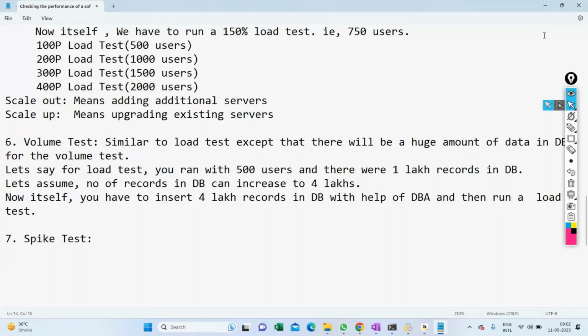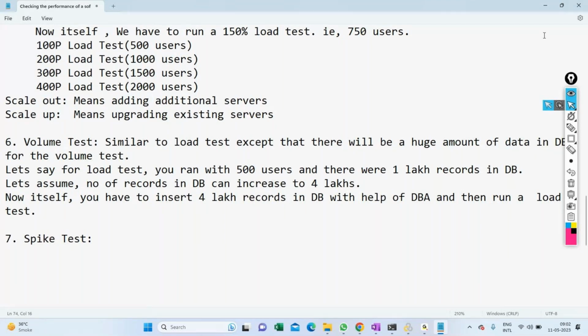So suddenly I'm increasing some 30-40 users, 100 users in a fraction of a second or in 2 seconds, and after 2 or 3 minutes suddenly I will decrease the number of users. It's a type of performance testing where we apply a sudden and extreme increase or decrease in load.